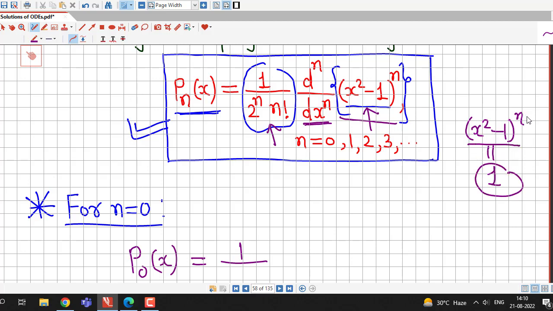(x^2 - 1)^n becomes 1, and for n equal to 0 we have the 0th derivative, which means the function as it is. Whatever function we obtain for n equal to 0, we write as it is.